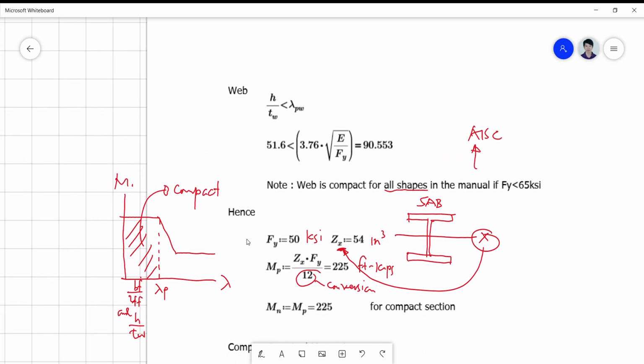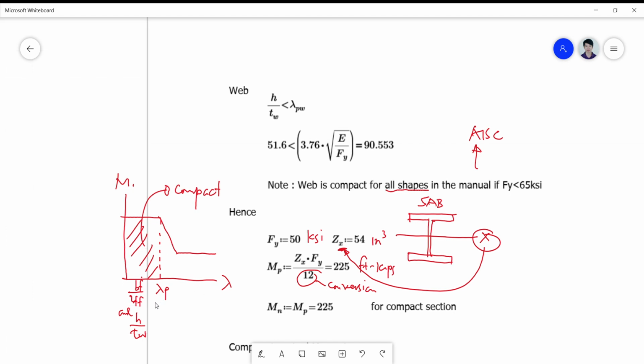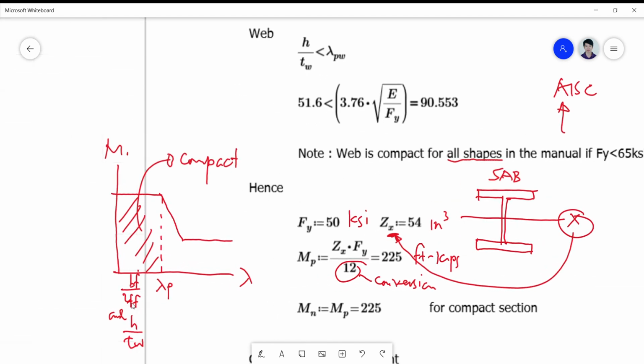So if you look at the graph of M versus lambda, we take note that your bf over 2tf and h over tw fall less than your lambda p requirement. So this region will give you now a conclusion that we are going to use the compact formula in order to get the capacity of your beam, no?